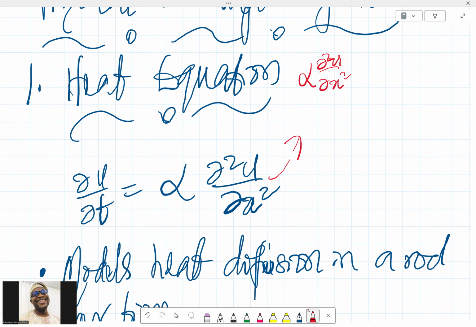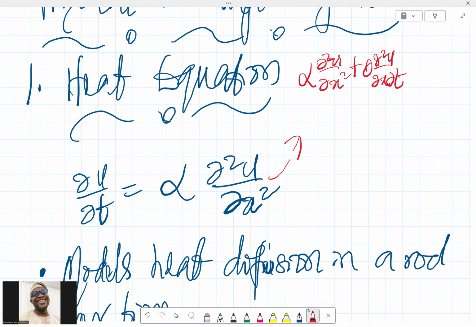What do we have next? d squared u dx dy. We don't have that, because this is x and t. So we have plus 0 d squared u dx dt, because we don't have anything there.